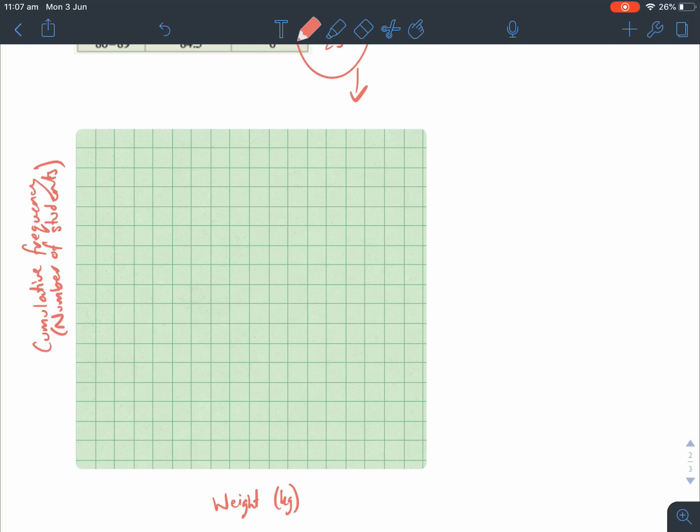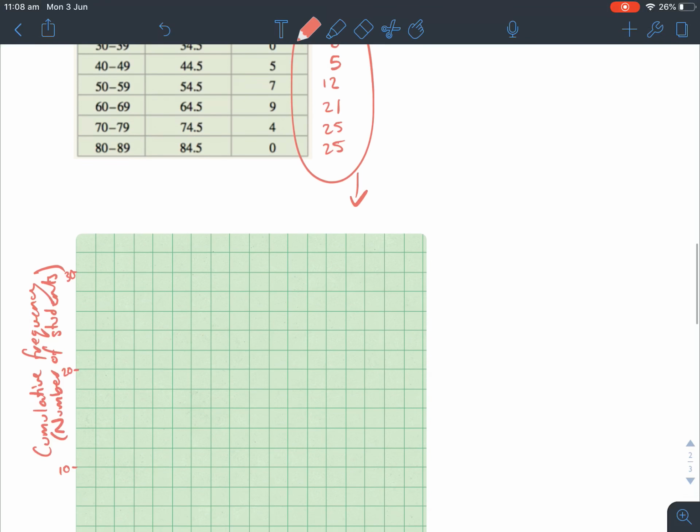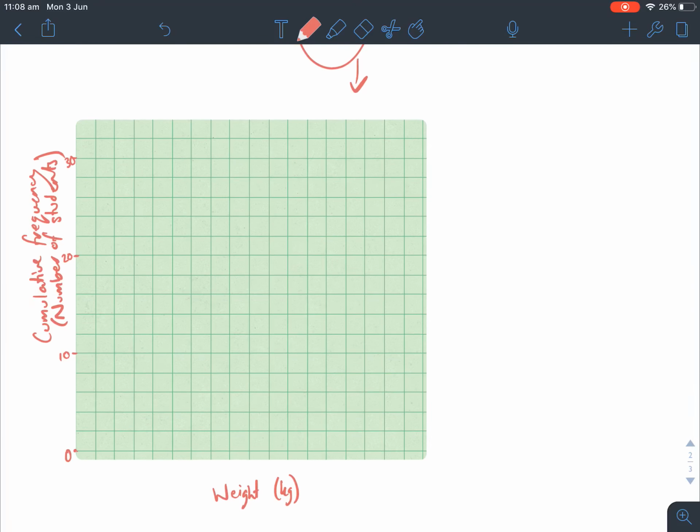Well, our cumulative frequency goes all the way up to 25. So 2, 4, 6, 8, 10. Okay, 25 is the highest, so we've accounted for that. And our class centres. 34.5. Oops. 44.5. 54.5.